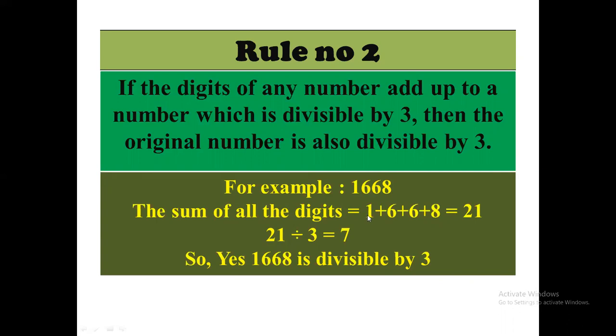What you are going to do first, you have to add all these digits together as it is explained in the rule. After addition, 1 plus 6 plus 6 plus 8, I got the answer 21. You know it very well that 21 is easily divisible by 3. Your quotient will be 7. So yes, 1668 is divisible by 3 also.